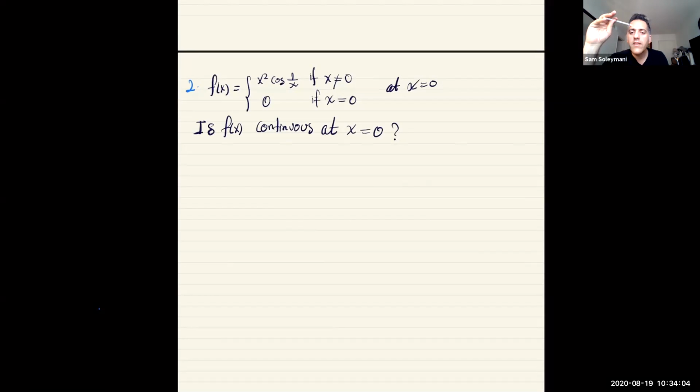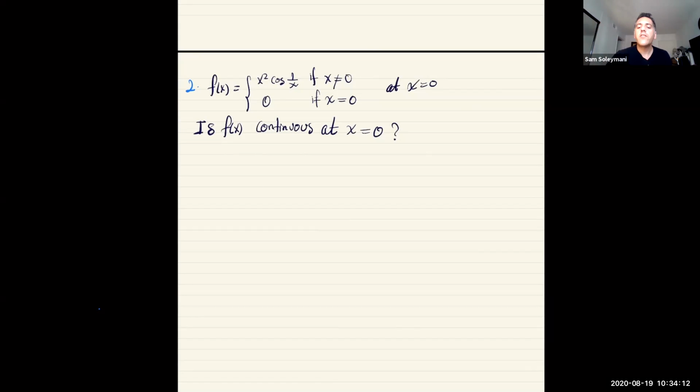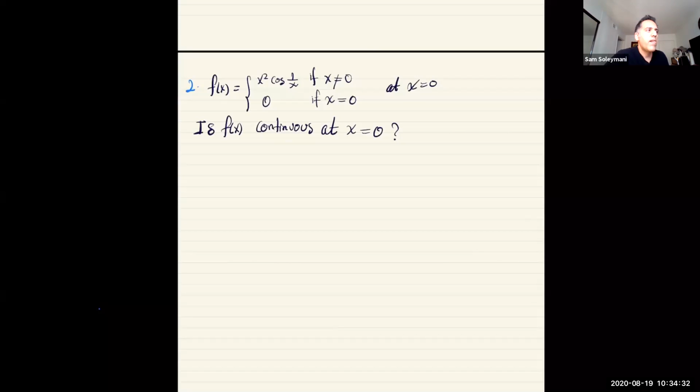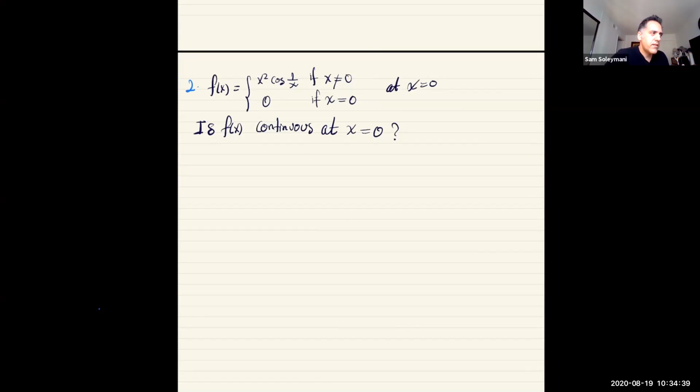Yeah, I'm here. What's up, buddy? Well, how do you think I should check for continuity? Do you remember from Calc 1? Continuity at a point. The left side and right side should match, and then the limit should exist. Right? Yeah, yeah.